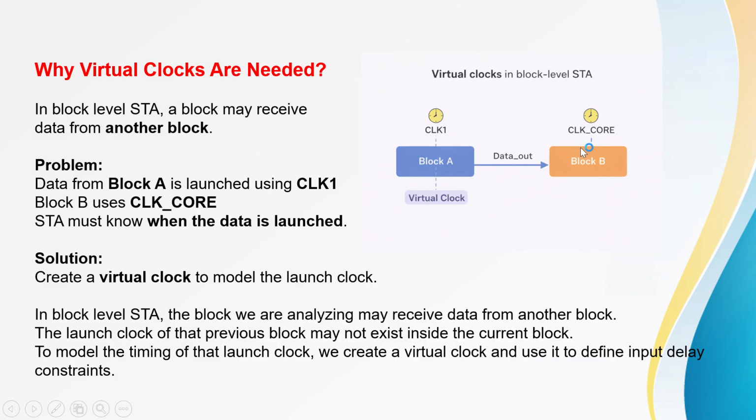Since the launch clock from block A is not present inside block B, we create a virtual clock to represent that launch clock. Then we use that virtual clock to define the input delay for the data coming into block B. So we are creating the virtual clock to model the launch clock.